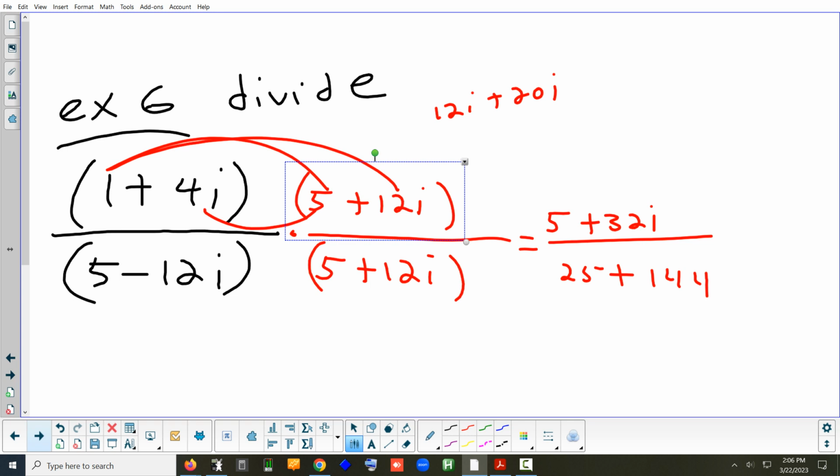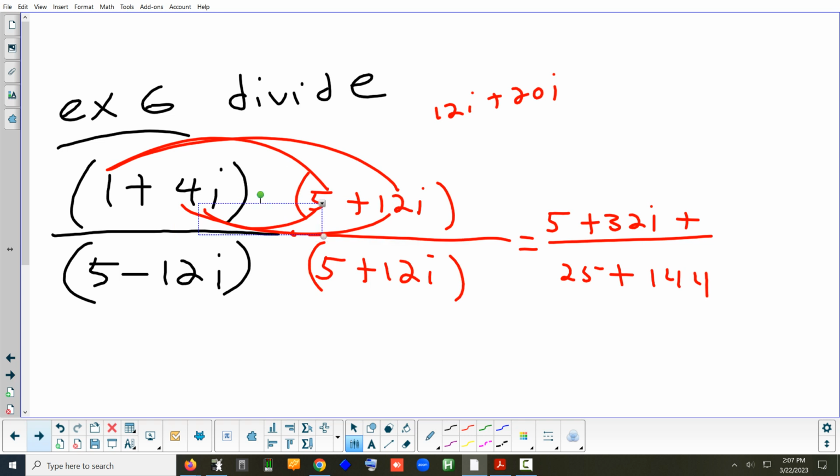And then Cameron, my last one, it's a positive times a positive. So let's just start with that. What's positive times positive? So we're going to get a positive. And what's 4i times 12i? 4i times 12 would be 48i.